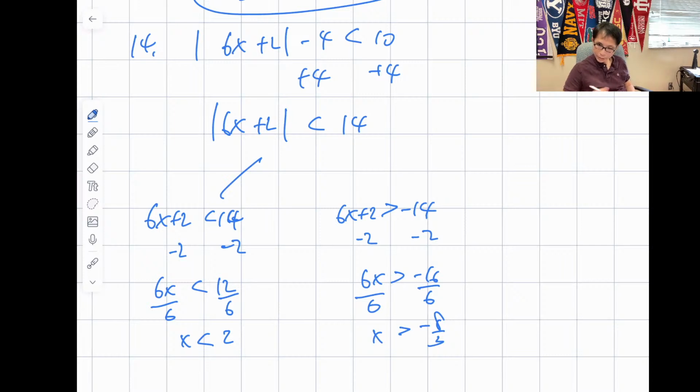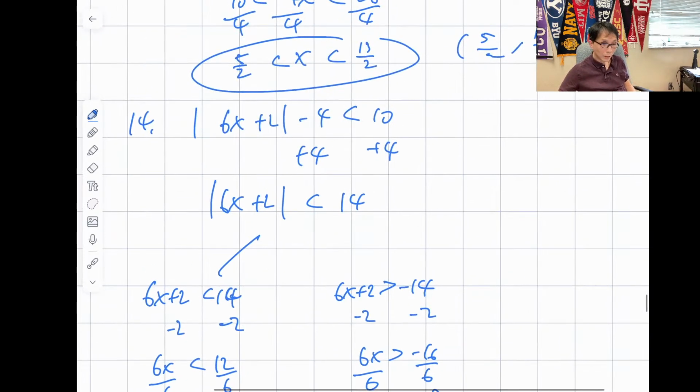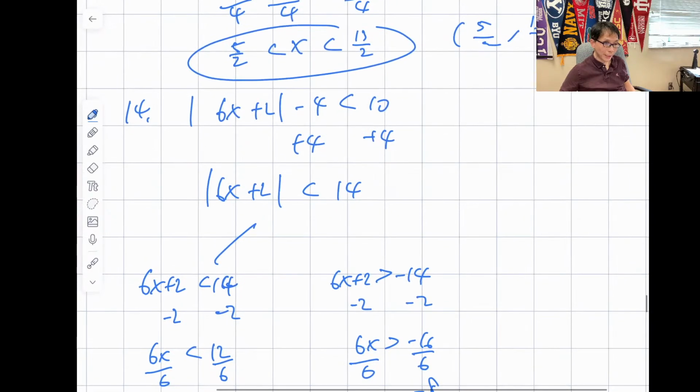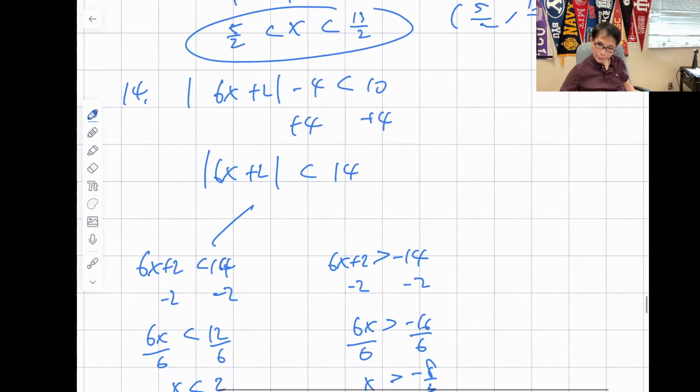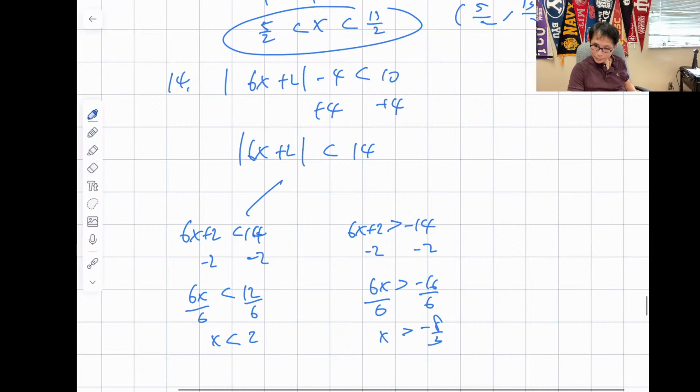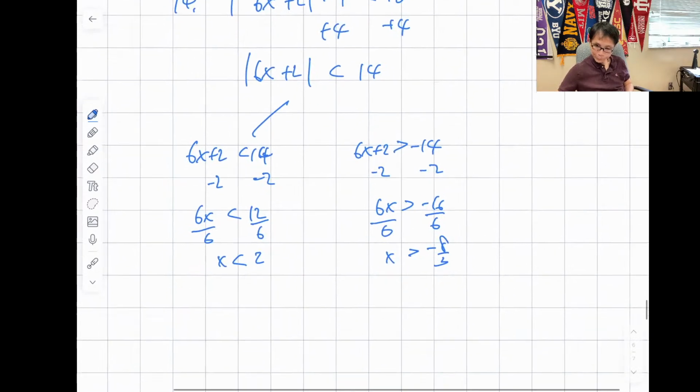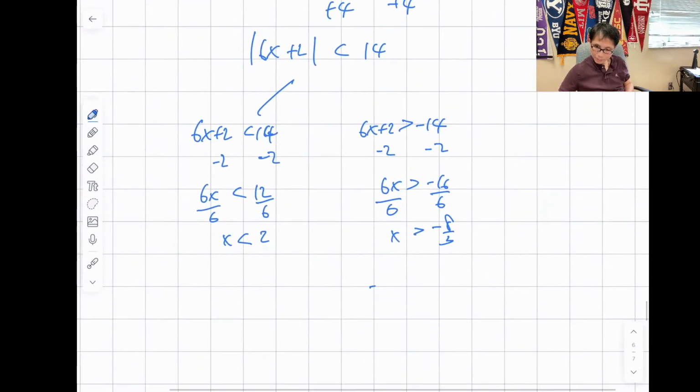Hold on, the question I wrote down is wrong, right? Oh, no, it's right. Less than 10. Did you switch the sign because it's negative? No, I had it right. It's the right answer.